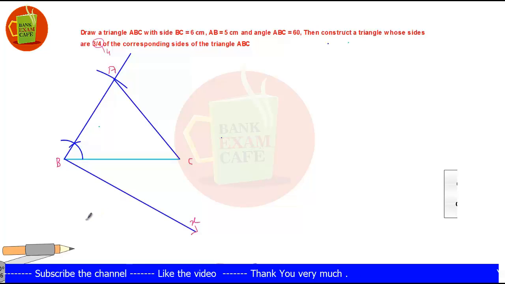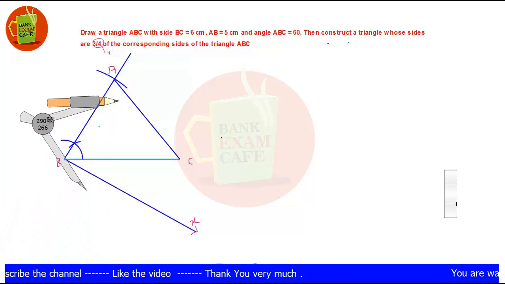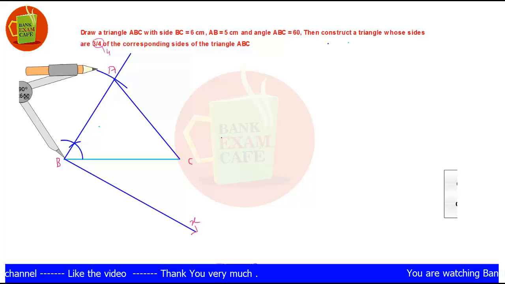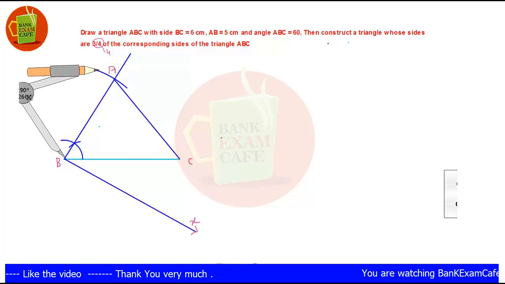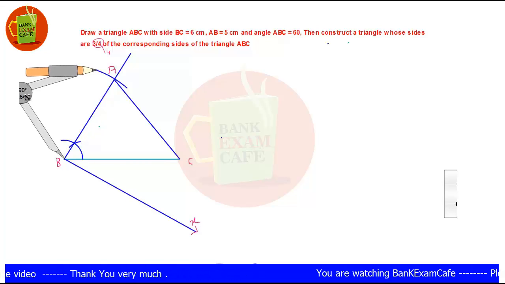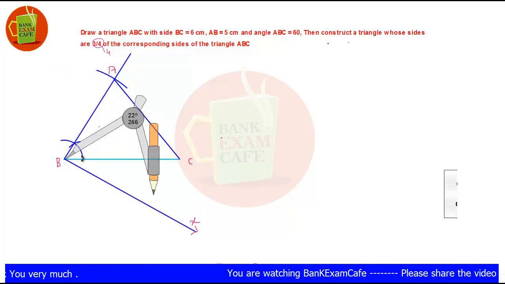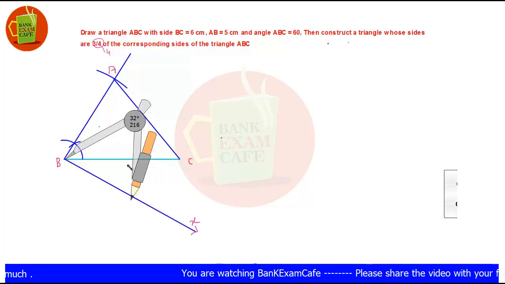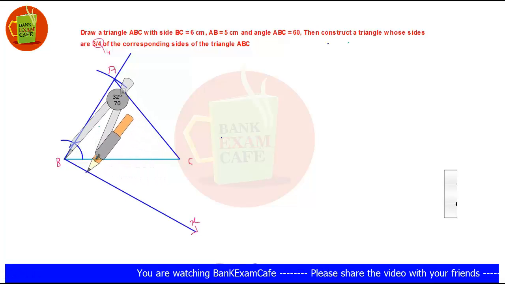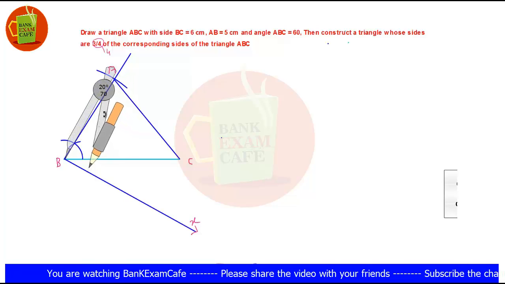So to draw 4 arcs at equal distances, take B as the center and the radius of suitable length, draw an arc.